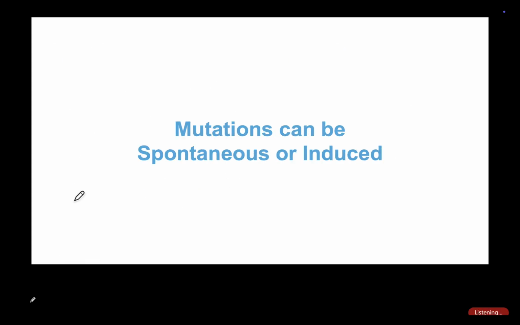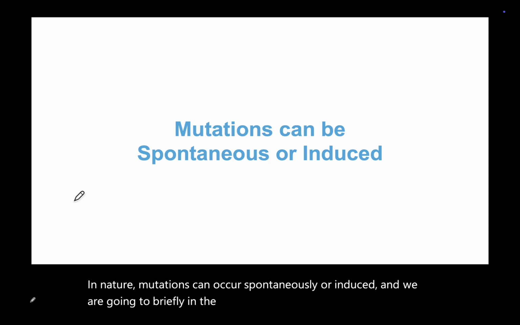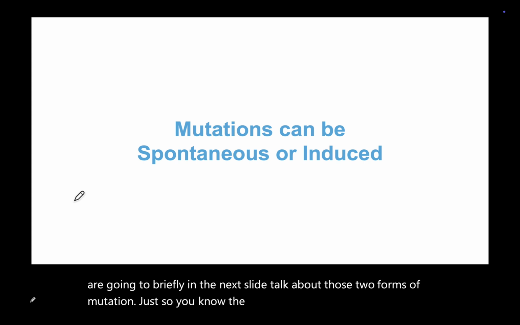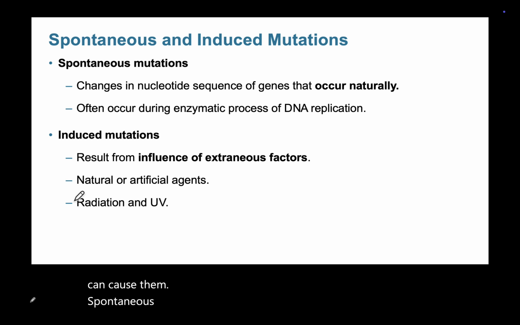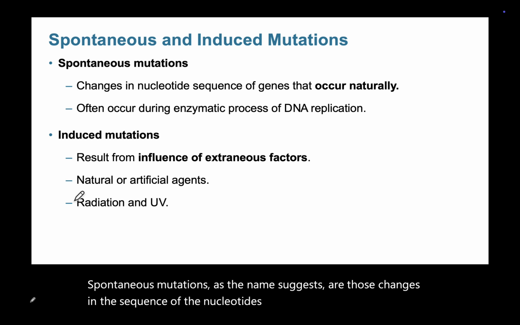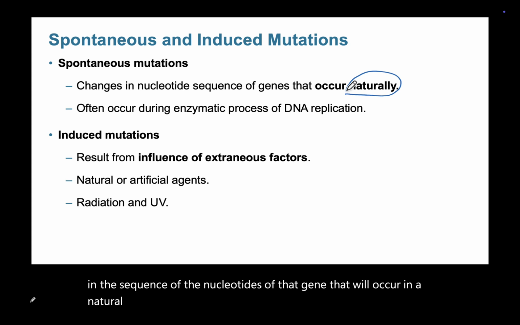In nature, mutations can occur spontaneously or be induced. And we are going to briefly, in the next slide, talk about those two forms of mutation, just so you know the differences between them and what can cause them. Spontaneous mutations, as the name suggests, are those changes in the sequence of the nucleotides of that gene that will occur in a natural form. Okay, so there is no exogenous factor altering that nucleotide sequence.